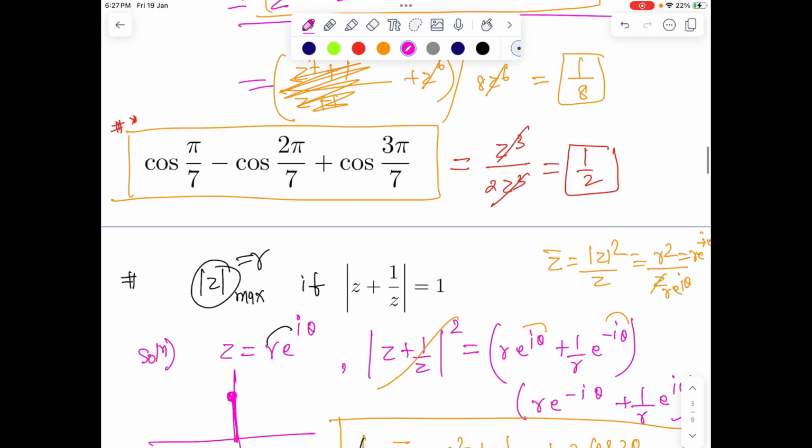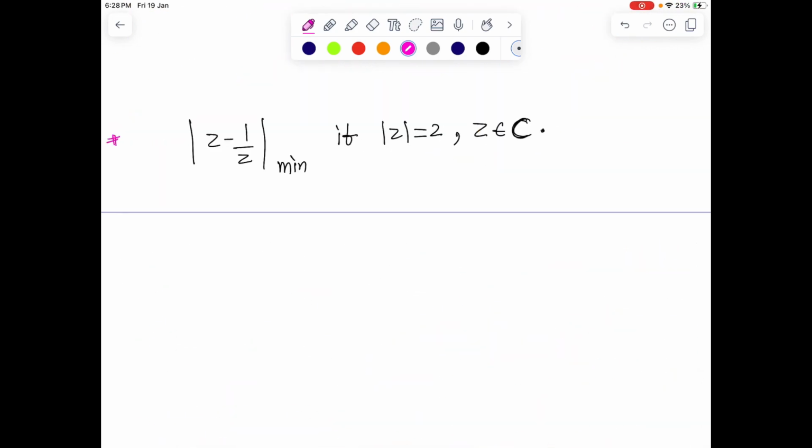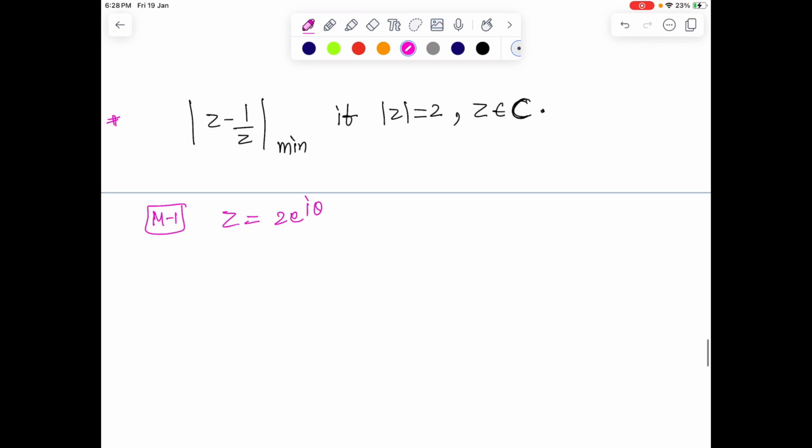And you can similarly find the minimum also from this range. Mod z equals 2, and we need to find the minimum value of z minus 1 by z. So again, method 1 will be, you can directly take z equals e to the power i theta, right?